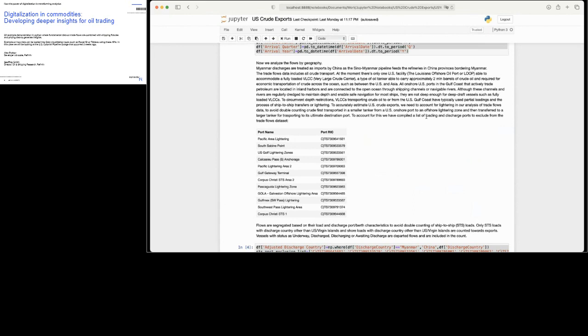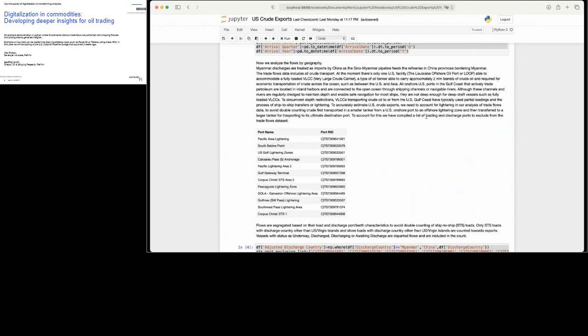To accurately estimate US crude exports, we need to account for lightering in our analysis of trade flows data to avoid double counting of crude that is first transported in a smaller tanker from a US onshore port to an offshore lightering zone and then transferred to a larger tanker for transportation to its ultimate destination port.